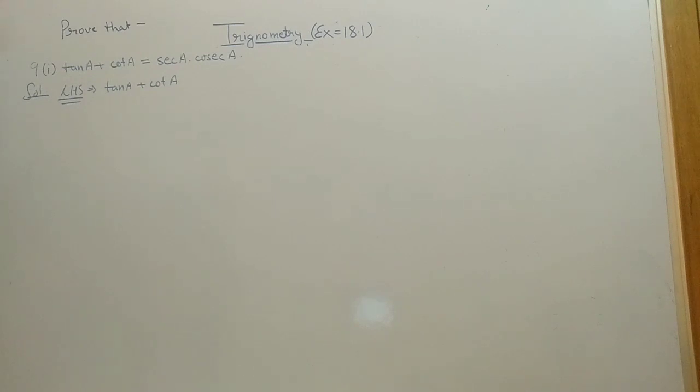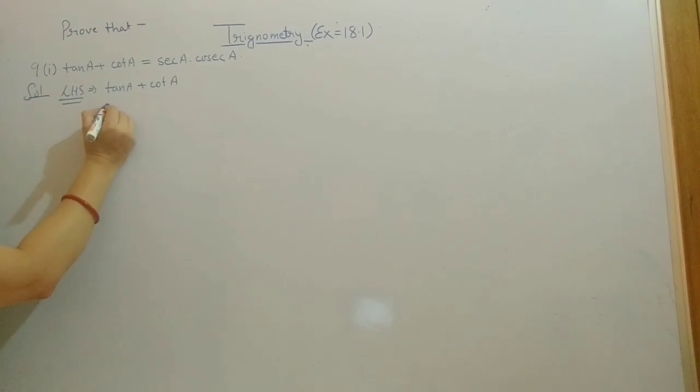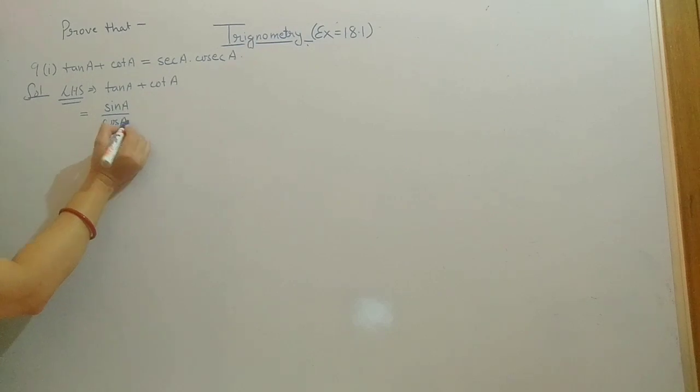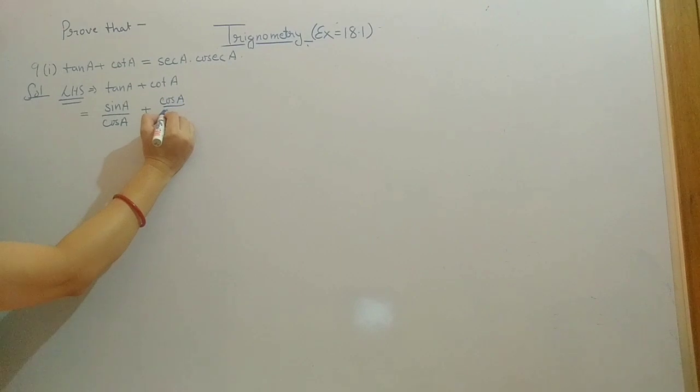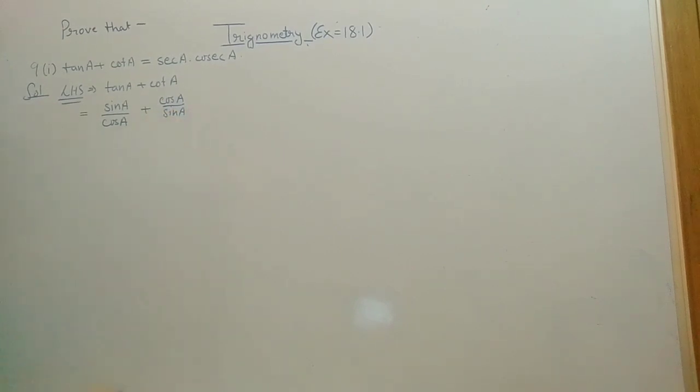Next, question number 9, tan a plus cot a is equal to sec a into cosec a. So we have taken the left side, tan a plus cot a, and we will change this. Tan a we can write as sin a by cos a, and cot a we can write as cos a by sin a. Next step, we will take the LCM for cos a and sin a. LCM will be cos a sin a. Here cos a is there, so sin a we have to multiply with the numerator.